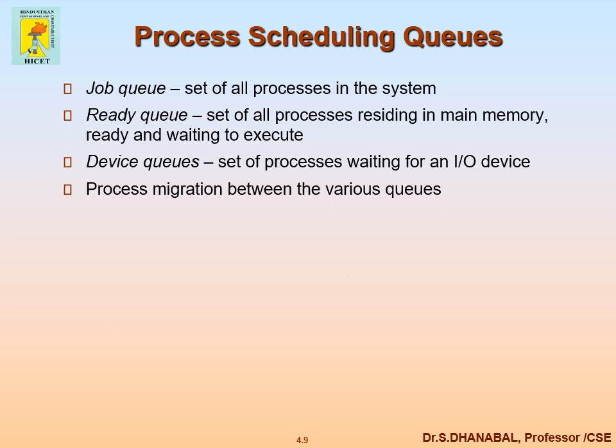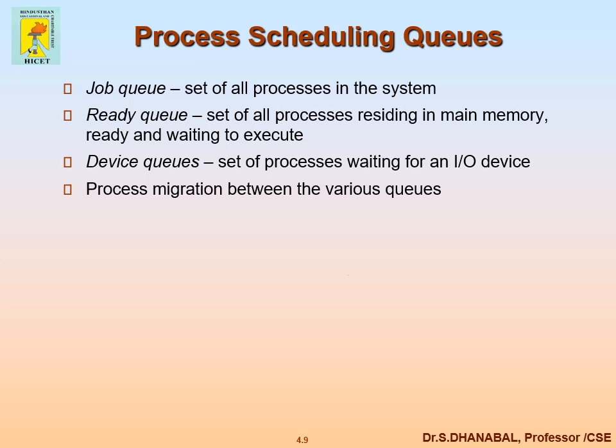Whenever new jobs or processes are created, that set of processes we call the job queue. The processes which enter the main memory are in the ready state, and finally they enter the running state to execute.